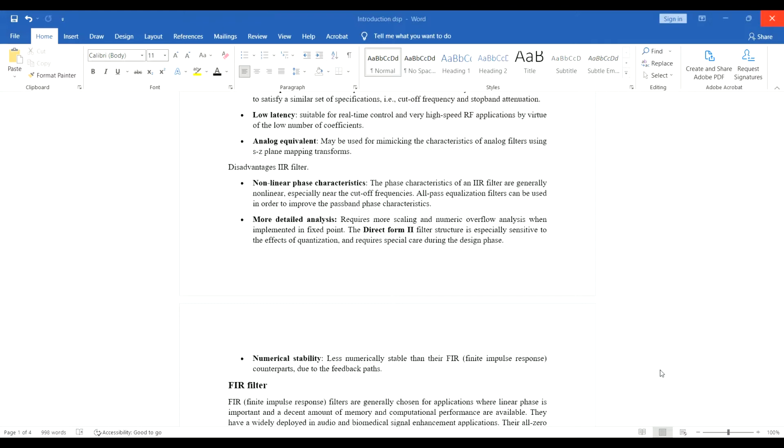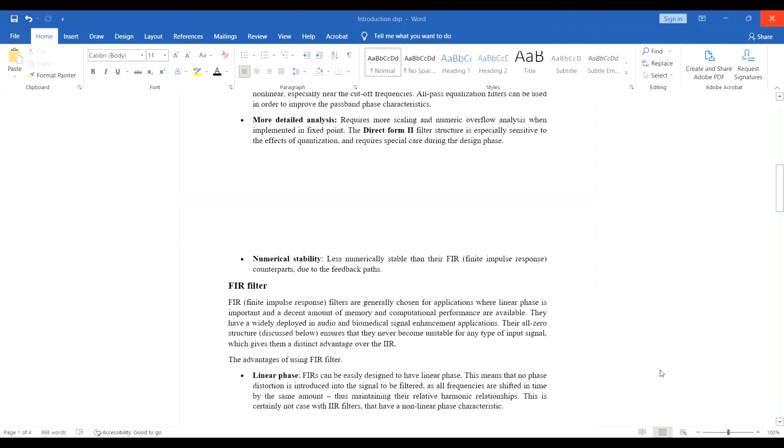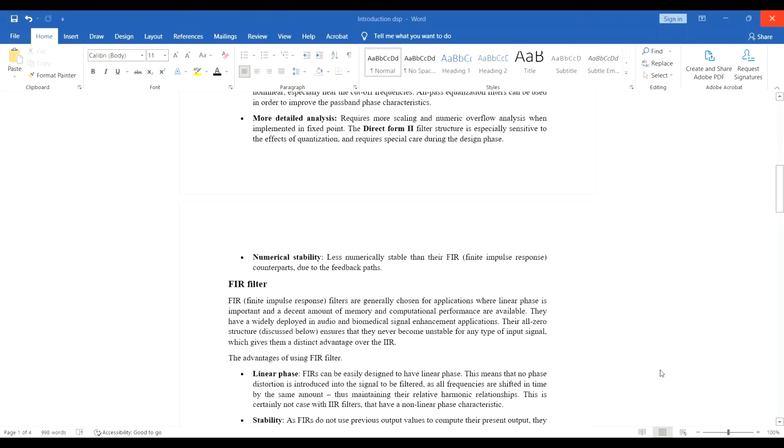For the FIR filter, a FIR filter is a finite impulse response filter. These are chosen for applications where linear phase is important and a decent amount of memory and computational performance are available. This is very different from the IIR filter, which has limited memory and is non-linear, while this one has linear phase.